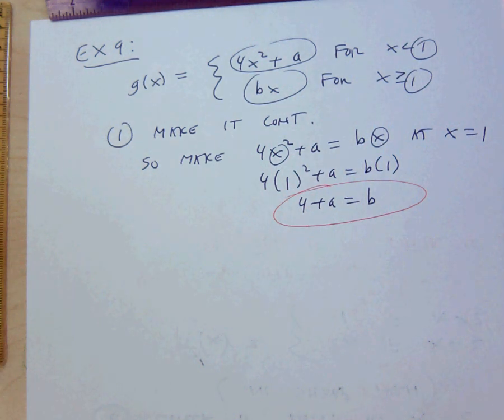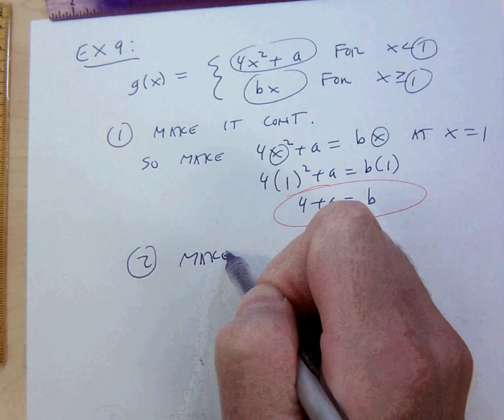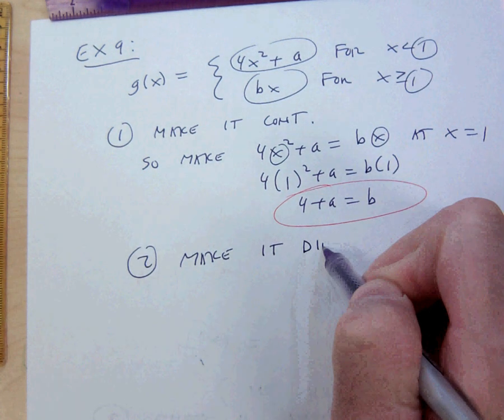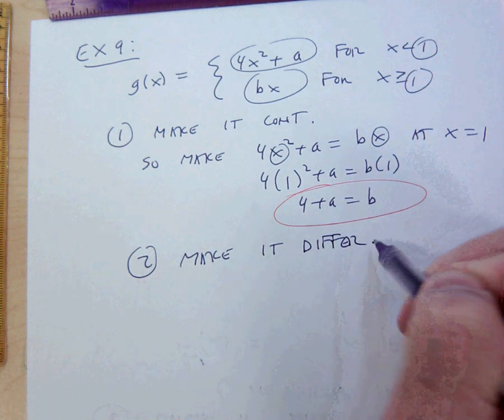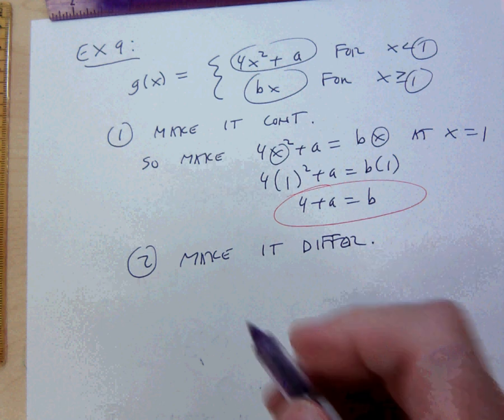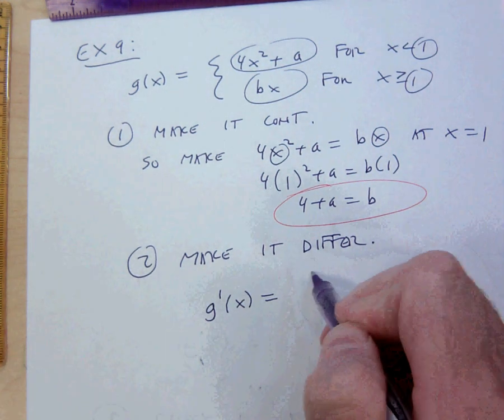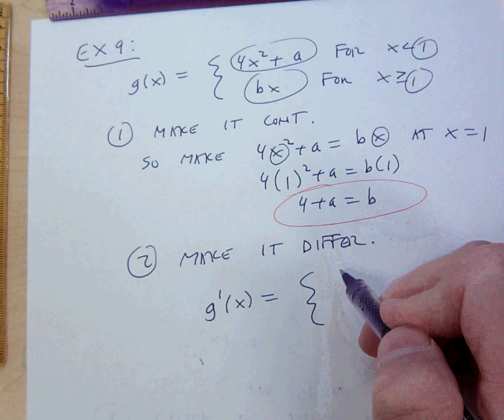But just because it's continuous does not guarantee it's differentiable. So now I got to make sure it's differentiable. And how do I do that? By finding again the piecewise derivative function, right? So here we go. What's the derivative of the top piece, guys? Remember, a and b are constants.